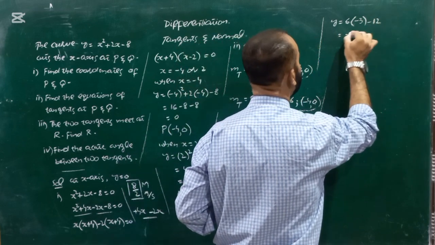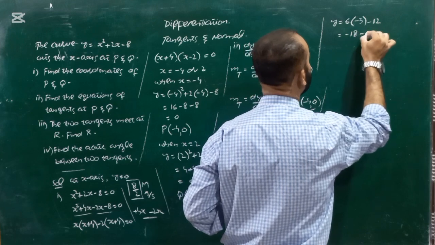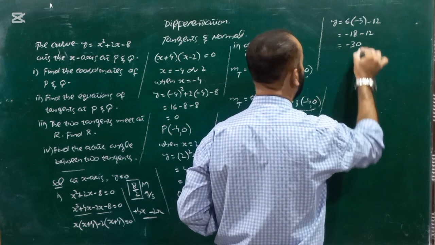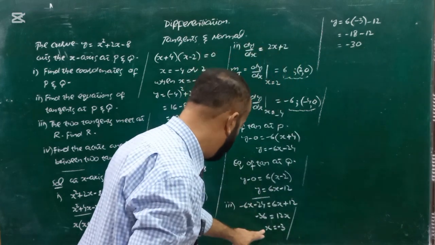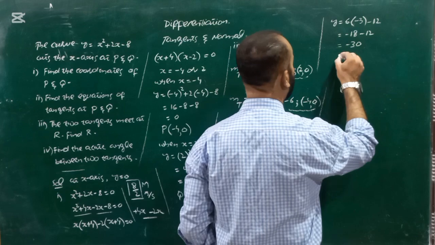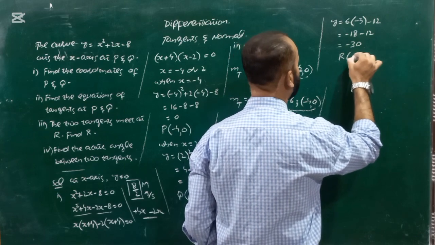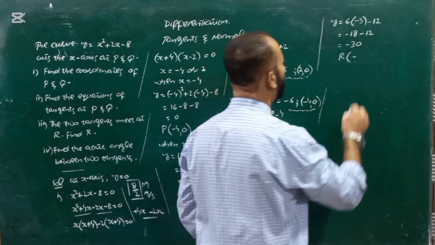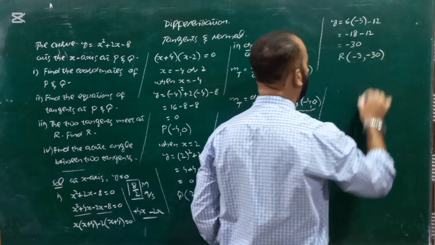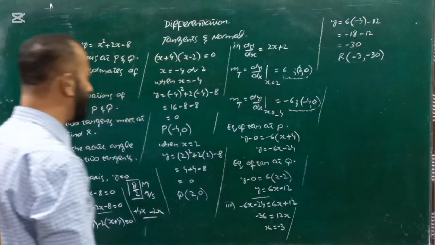So minus 18 minus 12 will be minus 30. So minus 3 and minus 30 are the coordinates of R. Minus 3 and minus 30. So the third part is done.